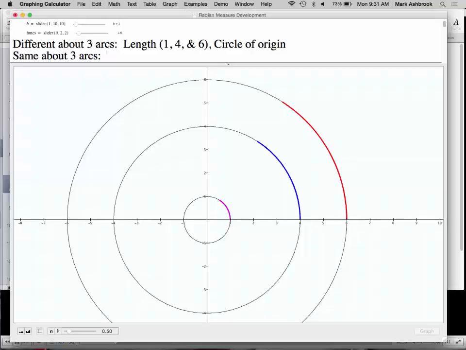Okay, is there anything that's the same about the 3 arcs? The same about the 3 arcs. Brian. What's that? Okay, proportion to what?